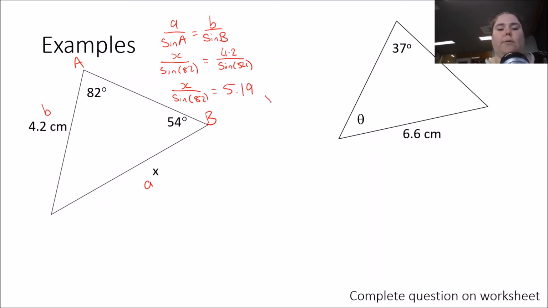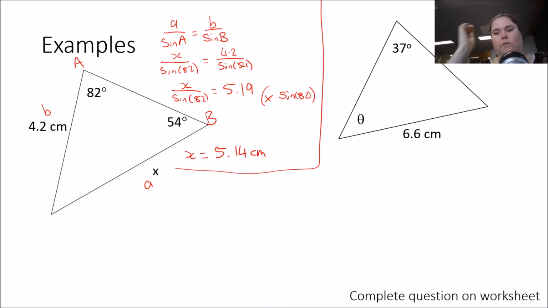Then my last step, I'm going to times both sides by sine 82, which is going to get me x equals 5.19, my answer, times sine of 82, which is 5.14. And that is my missing length. Alright, so that's finding a side length using sine.